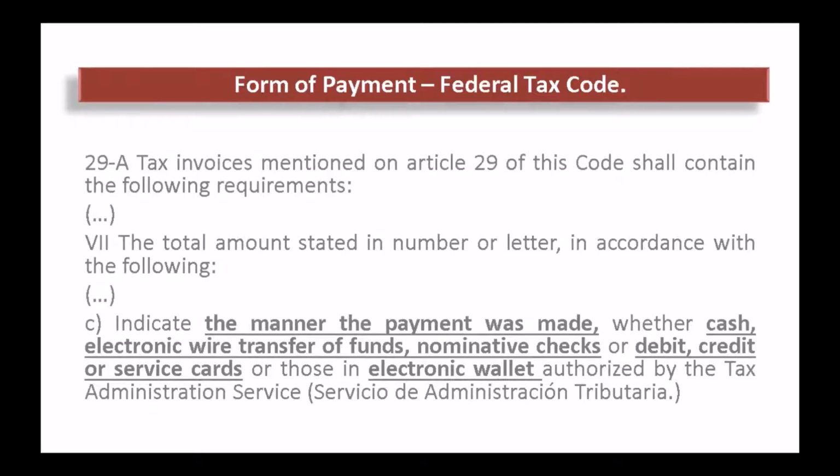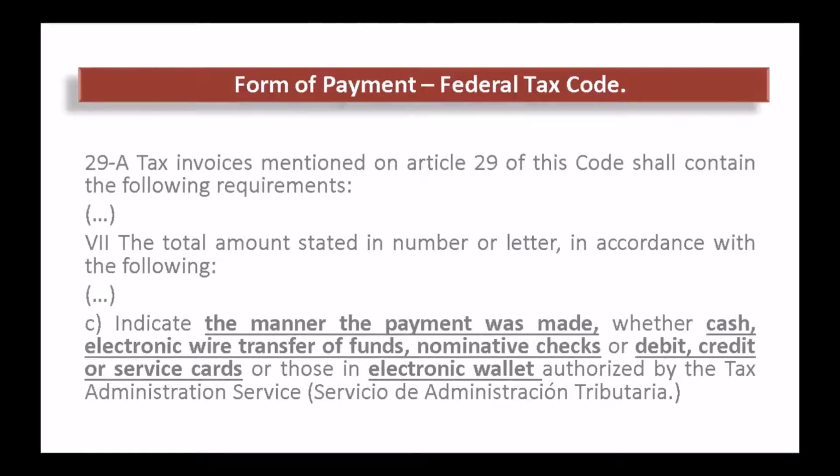However, as I mentioned, there is the main code or law that all taxpayers should look at, which is, of course, our federal tax code. This federal tax code is the one that gives taxpayers the obligation to issue tax invoices. We can see in Article 29-A that tax invoices should contain the following requirements, and there are a couple of sections, and specifically we're going to look at section 7.